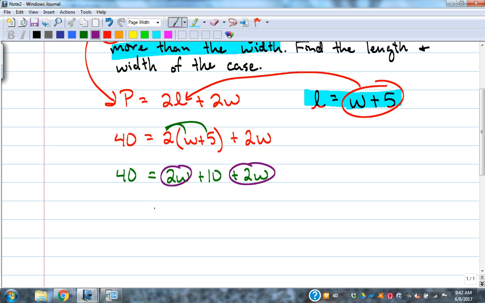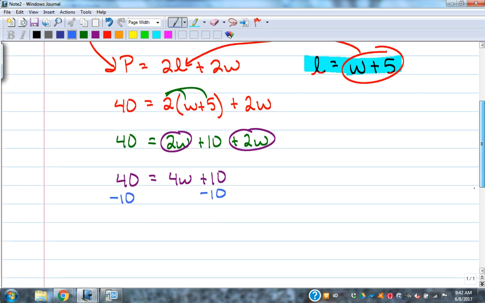Okay, 2W and 2W be 4W. That's awesome. Good. 30 equal to 4W, divided by 4. So W is going to be 30 divided by 4.